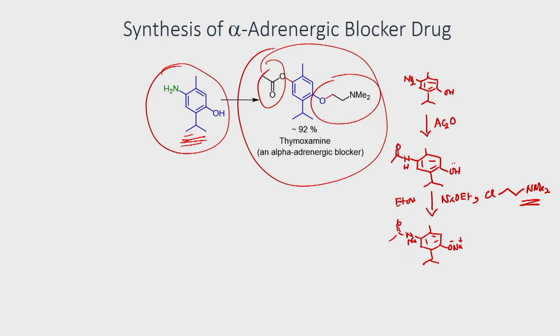So this also can exist in the form of the enolate. Once we have this one, this can now undergo SN2 reaction in the presence of base, and so you will be able to get this derivative.